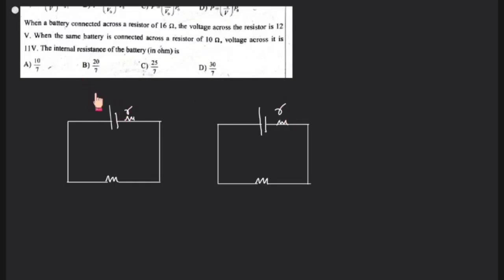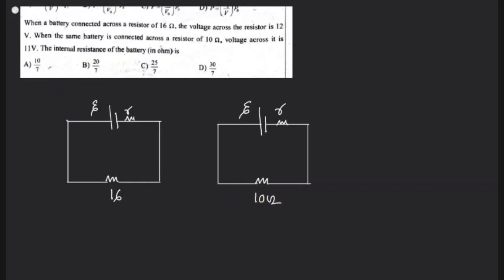Let's say the voltage of the cell is epsilon, and here the resistor is 16 ohms, and here the resistance is 10 ohms, right? Clear?